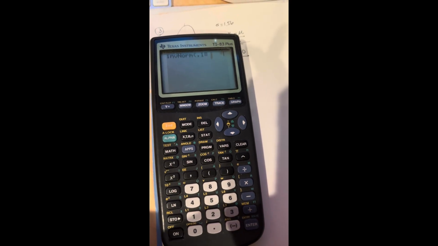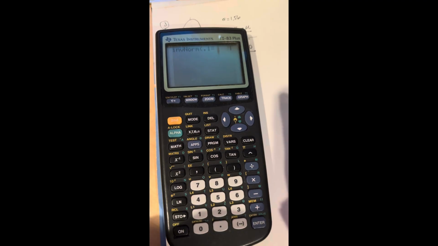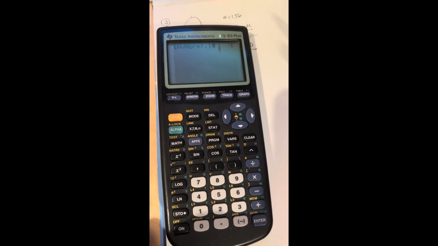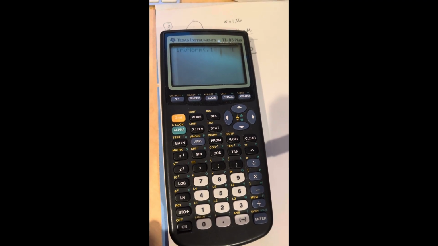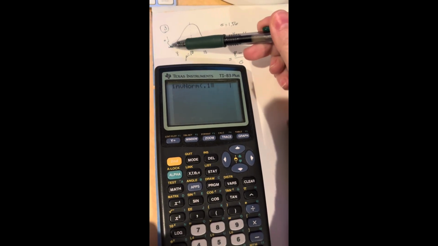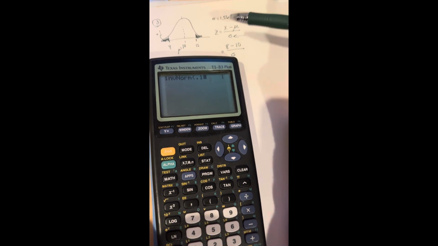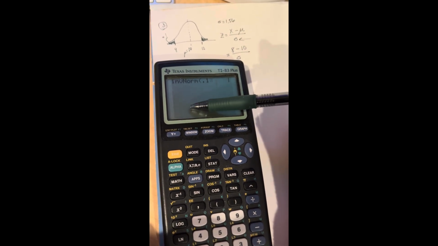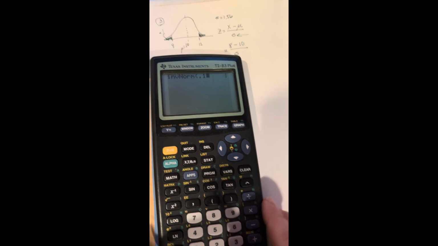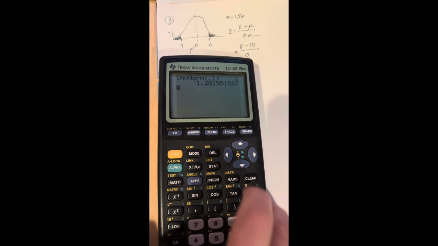Then make sure that your average and standard deviation are set to the default, so 0 average, 1 for standard deviation. The way I'm doing it, it's my 0.1 area on the left because I'm using this 8 in my equation. Then make sure that left is highlighted. This thing is so old, it's going to give me the z-score when I do that. So I have a z-score of negative 1.28 approximately.